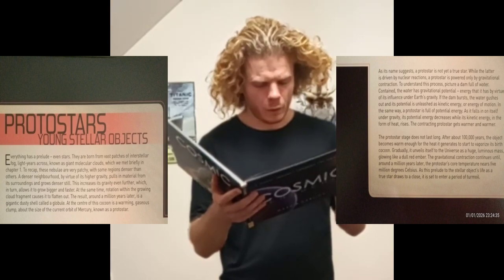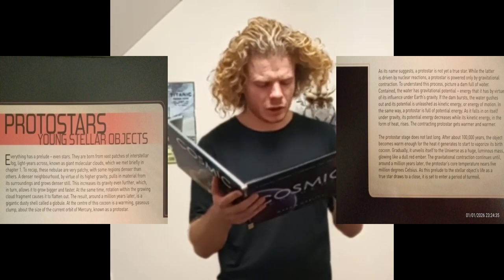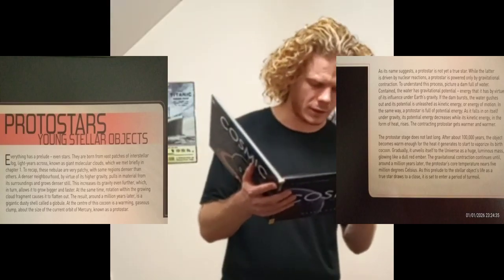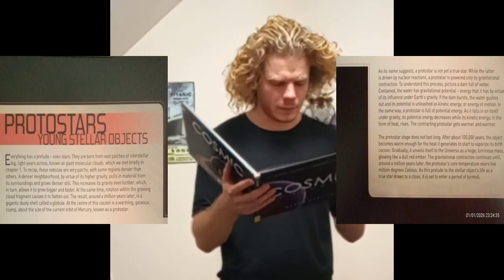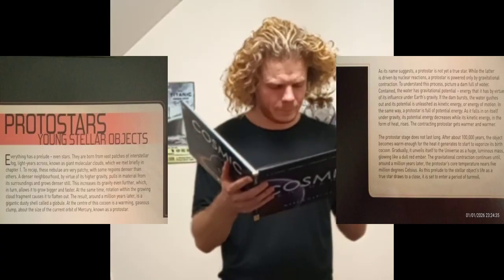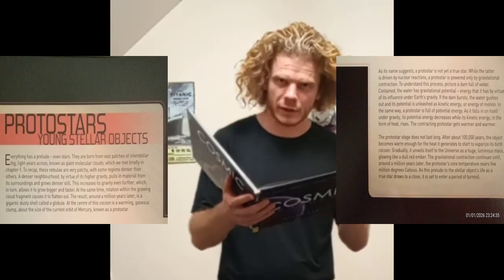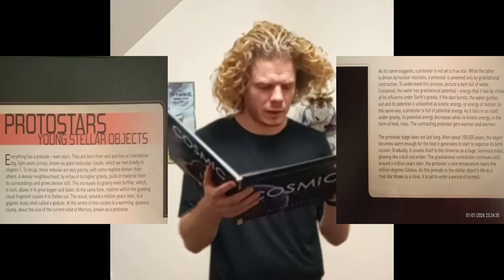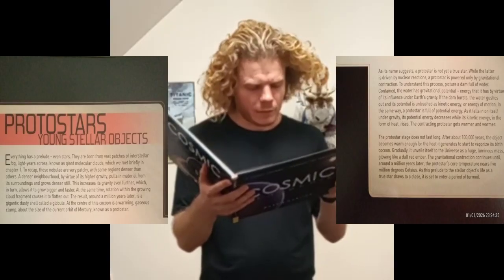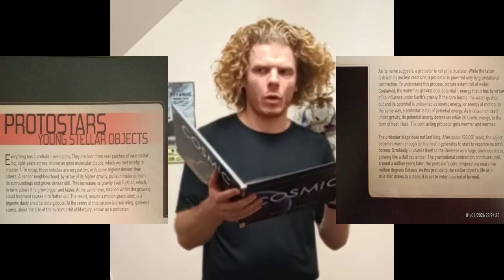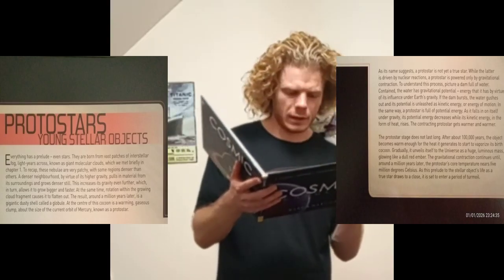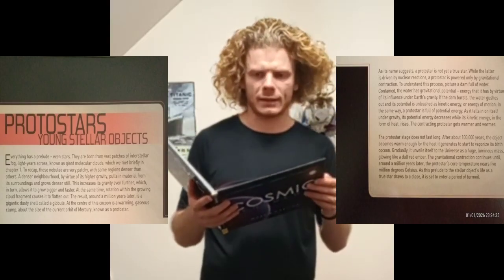If the water of a dam gushes out, its potential is unleashed as kinetic energy. So then the potential goes away. And when our protostar falls together on itself because of the increasing gravity in the middle, the potential decreases because something has already fallen together, but the kinetic energy rises.